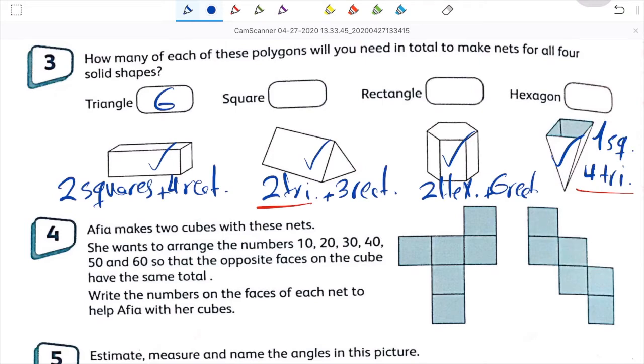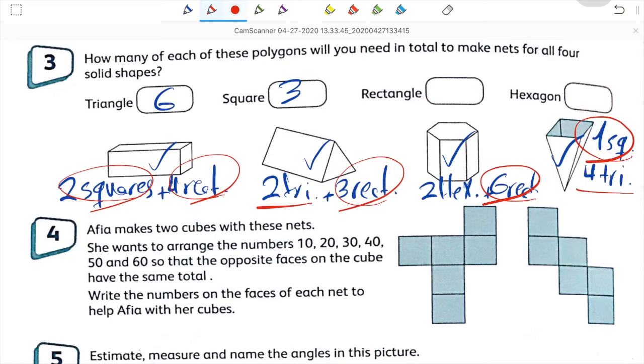About squares, I will have 2 squares here, one of them here, and I think that is all, which is going to make 3. About rectangles, we're going to have 4 rectangles here, 3 here, 7, 6 here, 13. So we will have 13 rectangles.